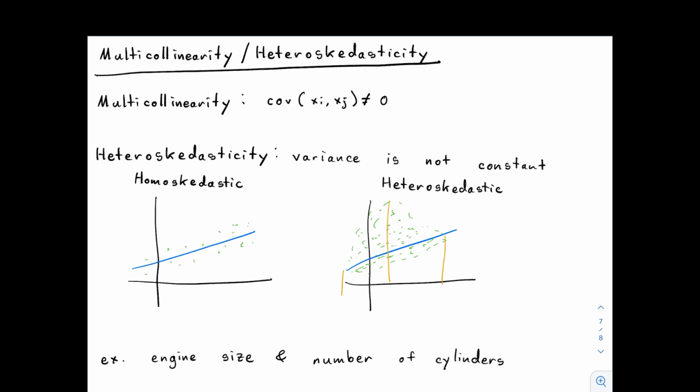So instead, what you typically do is you'd include only one, engine size or number of cylinders, and you might include some kind of instrumental variable to account for the other.